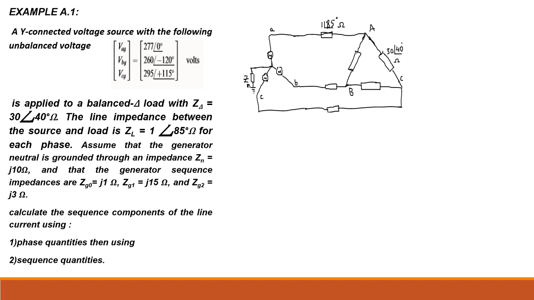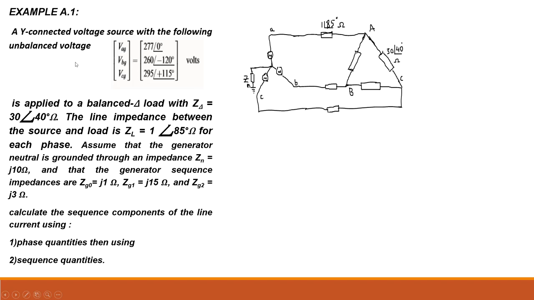Here, as you see, is an example for the calculation of the currents by using the two mentioned methods. We have a star connected voltage source with the following imbalance voltages.